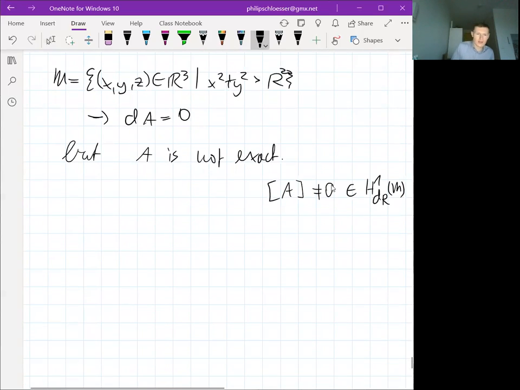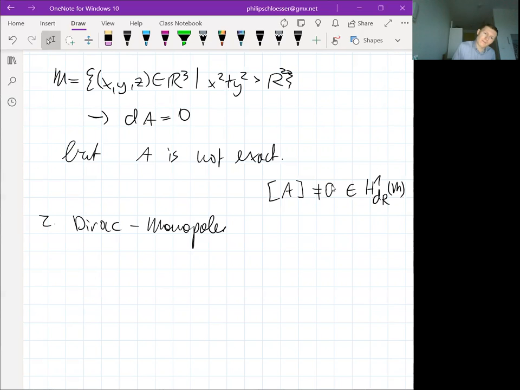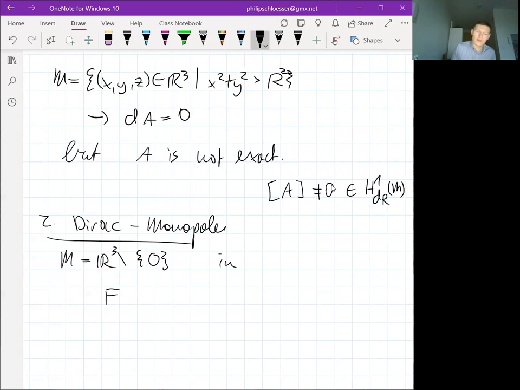And then secondly, the Dirac monopole. Where we're looking at R3 without the origin, and we define again in spherical coordinates F is equal to some C times sine of theta, d theta wedge d phi.